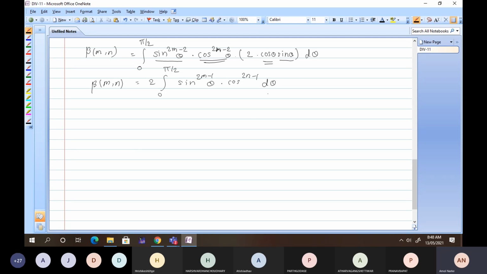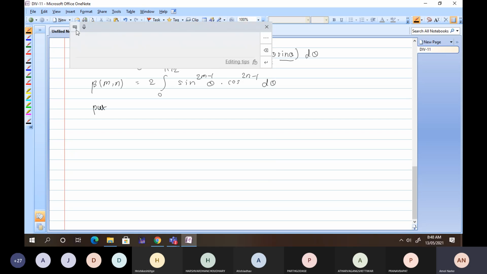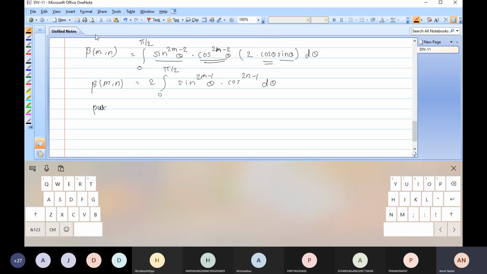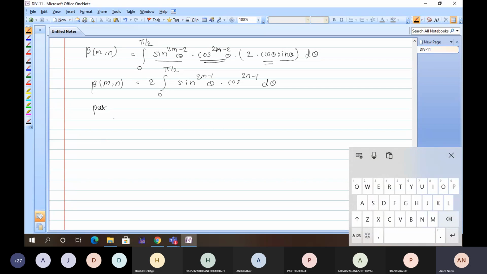So what I want here, we have 2n minus 1 and 2m minus 1. For simplicity, we put 2m minus 1 equal to p, and 2n minus 1 I call q.